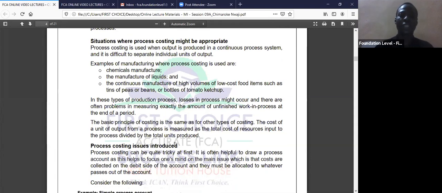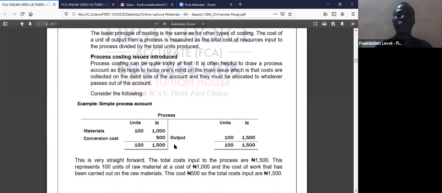Okay, then we now went to give you an example of a process costing account. And I told you that in a process costing account, all your production costs, all the things that make up production are debited.